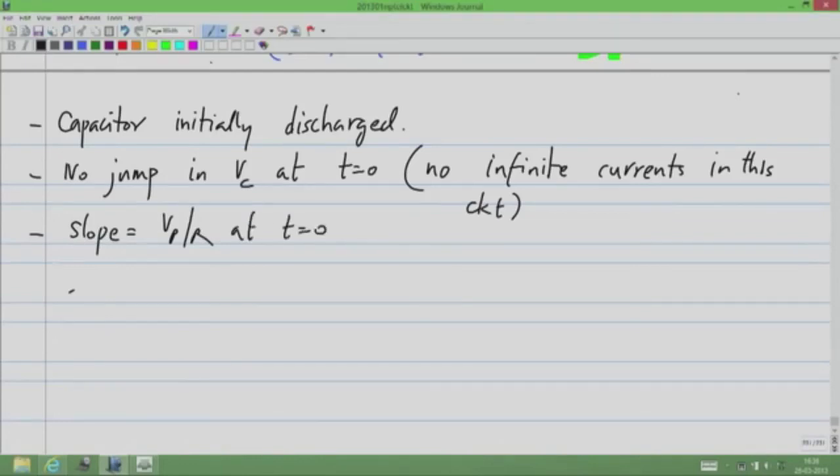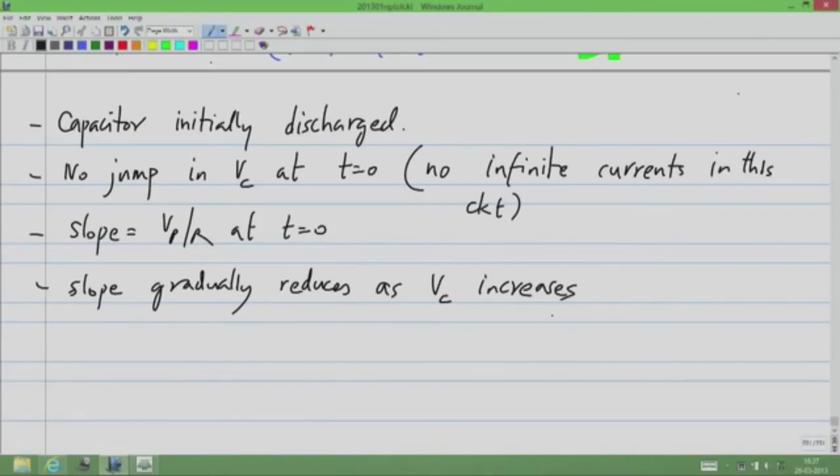The slope is Vp by R at t equal to 0. Slope gradually reduces as Vc increases, and Vc asymptotically reaches Vp.